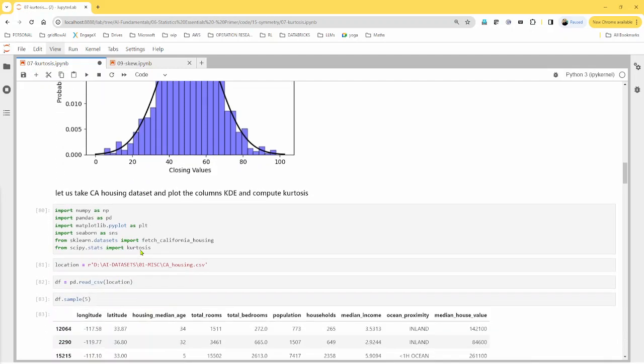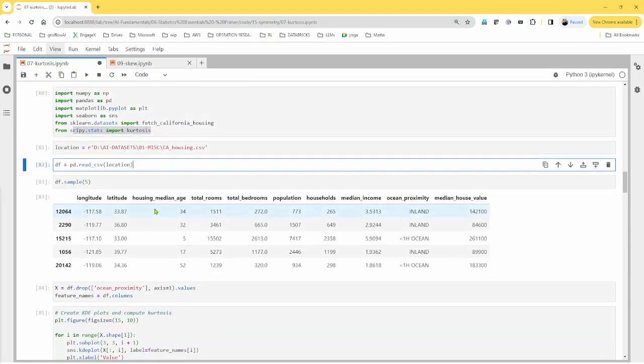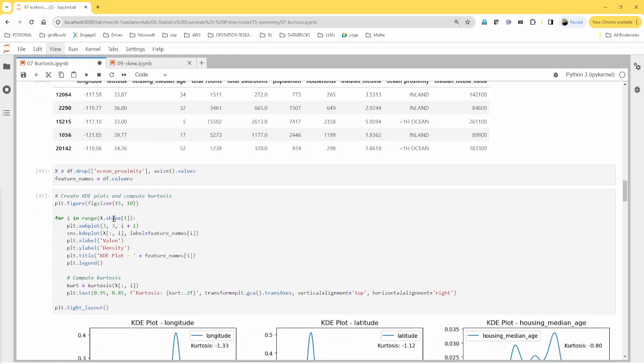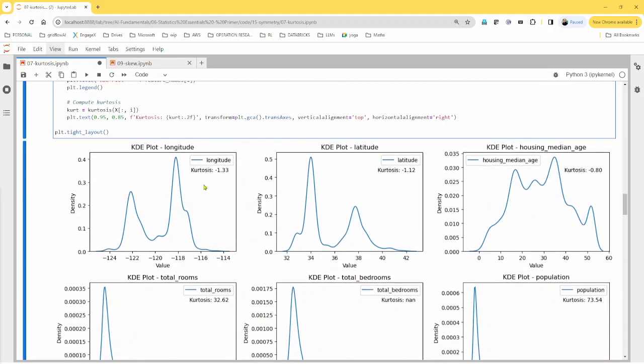Let's apply the kurtosis on the California housing data set. The kurtosis can be computed using SciPy. So load the data, and then we apply the kurtosis on each of the columns.